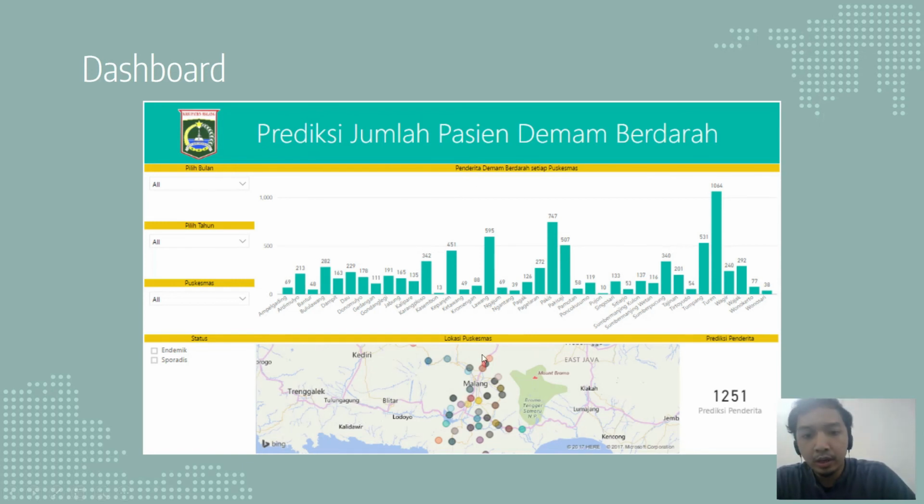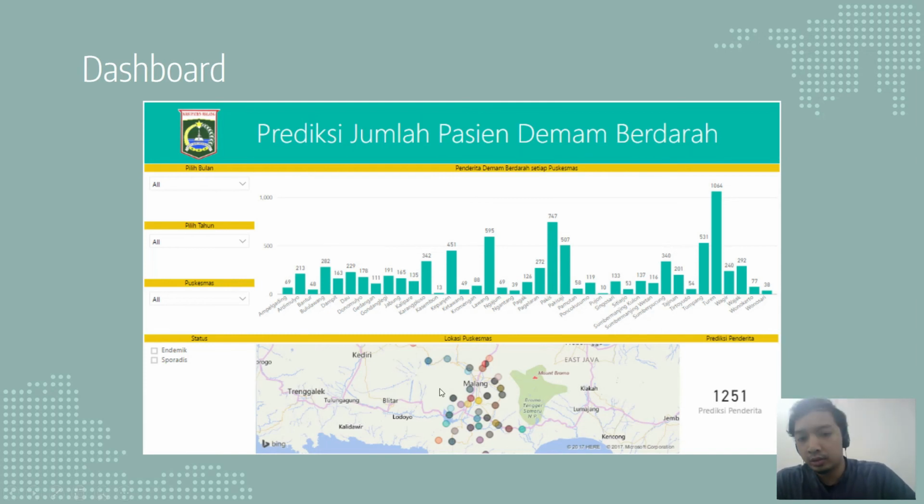And below here is the location of the health office in Malang Regency for each district. There is a color in here that shows the rate number of hemorrhagic fever cases.